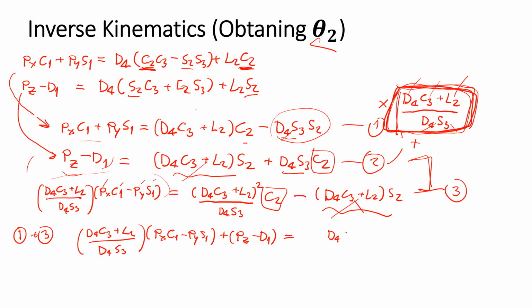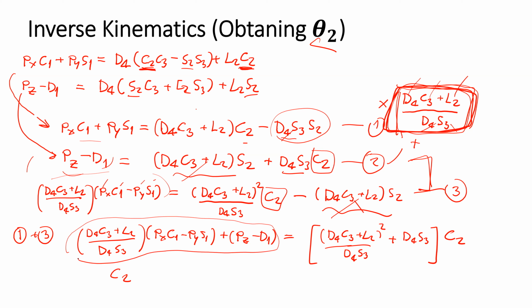We have D4C3 plus L2 squared divided by D4S3 and plus D4S3 and multiply by C2. Yes, finally we can obtain C2 because we know all the numerical value of this.